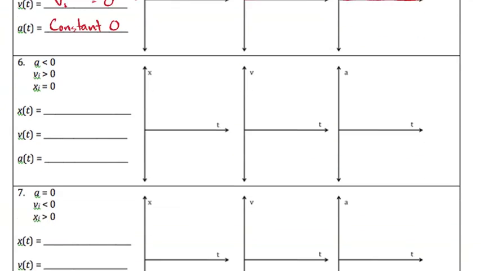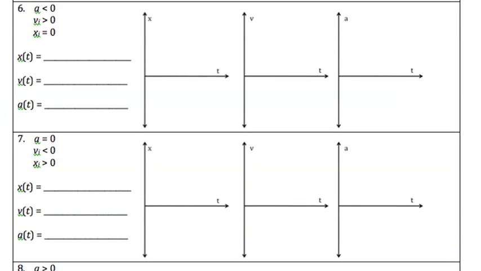Number 6. Moving along here. Okay, our acceleration is less than 0. So it's going to be a constant negative right there. So pick a negative spot for our acceleration and make it stay constant. Velocity as a function of time. Okay, remember that is vi plus at. That is our initial velocity plus acceleration times time. So our initial velocity is greater than 0.